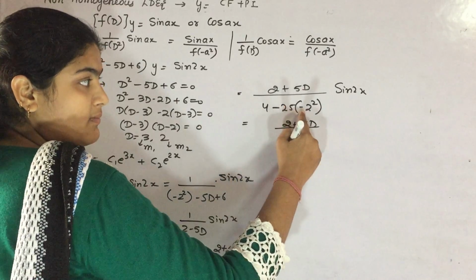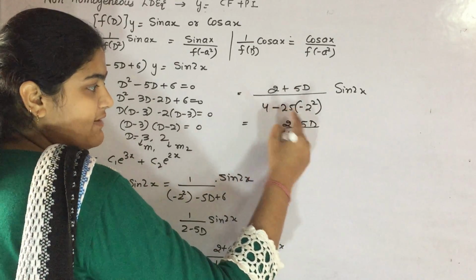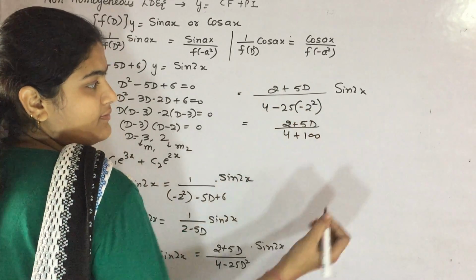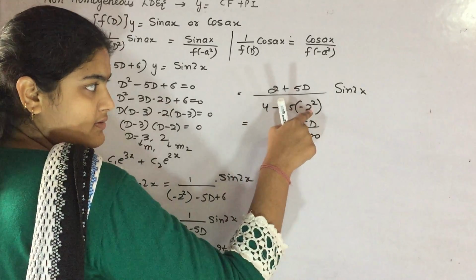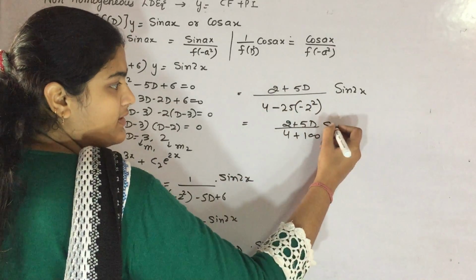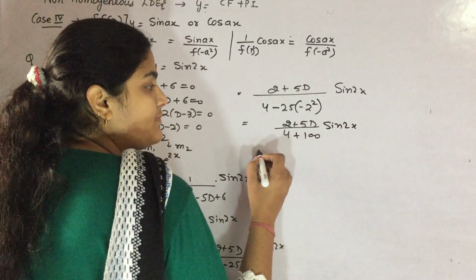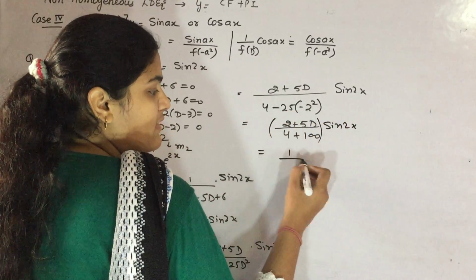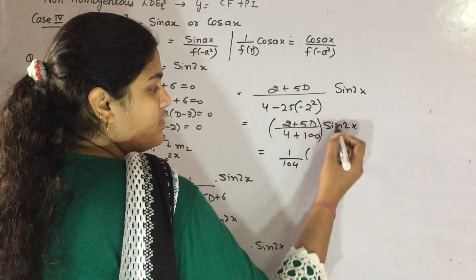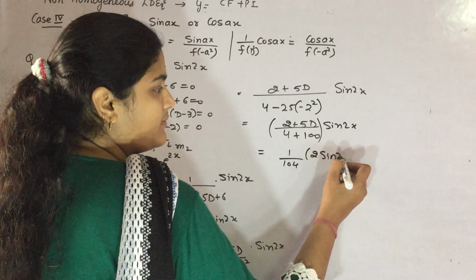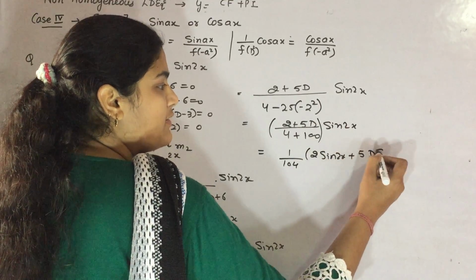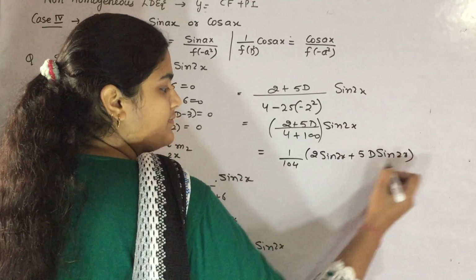It will become minus minus plus, 2 squared is 4, 25 times 4 is 100. So 1 by 104 of 2 of sin 2x plus 5 D of sin 2x.